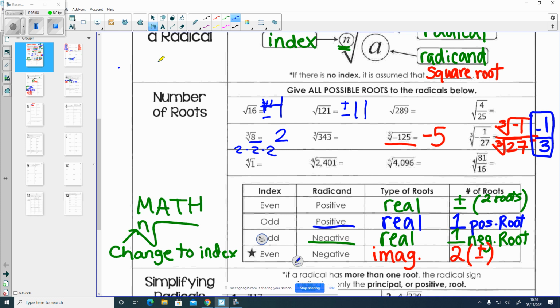If it was positive underneath, you'll get one positive root. If it was negative underneath, you would get one negative root. We kind of saw that here. And then the starred one is because if we have an even index and a negative underneath, that's where we get our imaginary numbers, which was a whole chapter in itself.